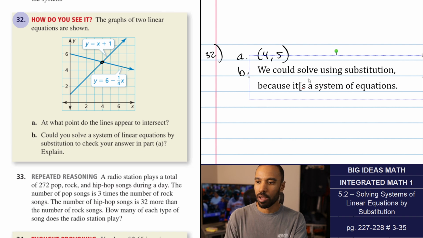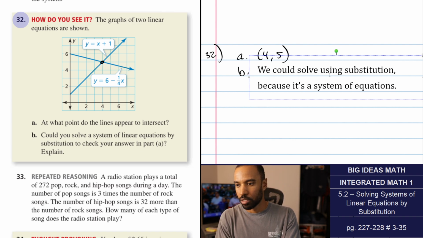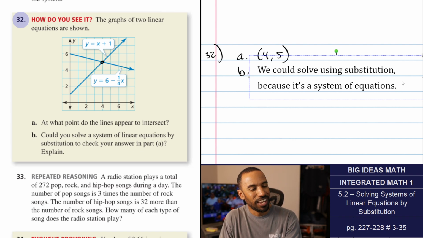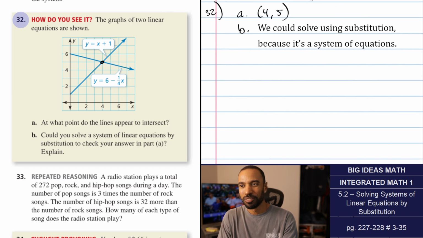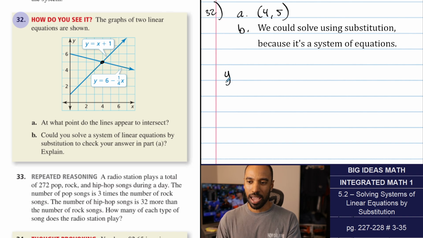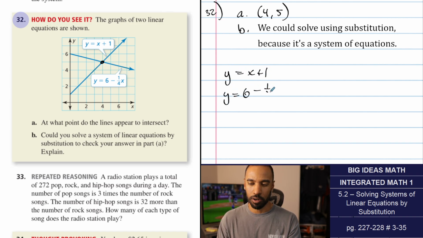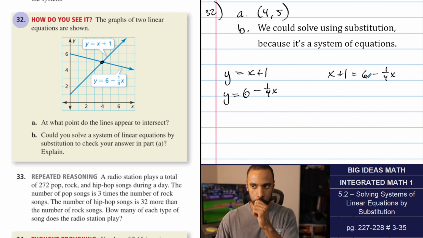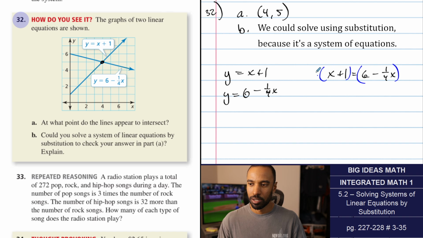I can solve because it's a system of equations. I don't know. Okay, guys, I'm going to solve it just to kind of be there. I got y equals x plus 1 and y equals 6 minus 1/4 x. Here's the thing. Equal values method in play. Set one equal to the other because they're both y's. Listen, I don't like the fraction, so I'm going to multiply everything by 4. Now, I am going to show you the times 4 like that.